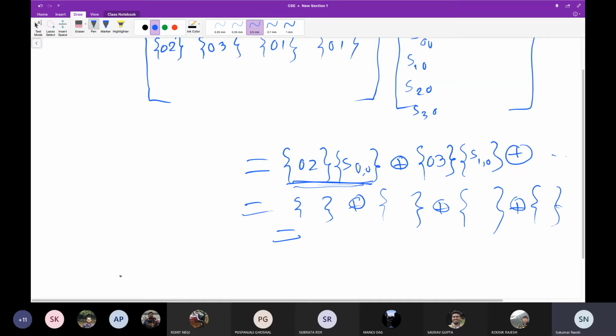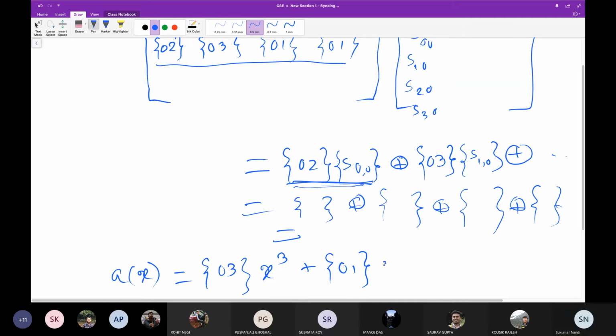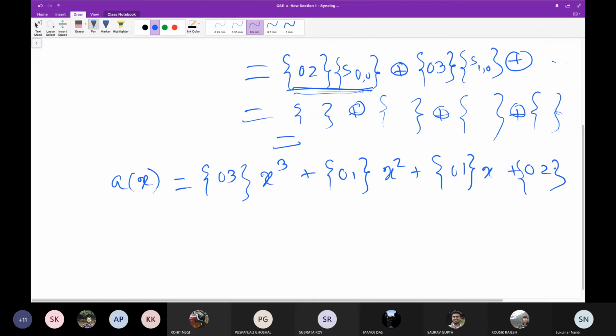If I represent this as an equation, that is a(x) = 03 x cubed plus 01 x squared plus 01 x plus 02. And this equation also you can multiply step by step.